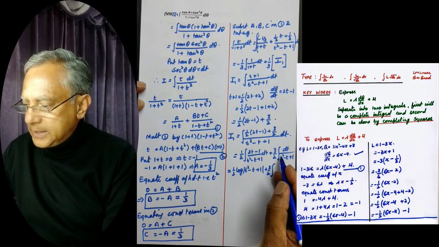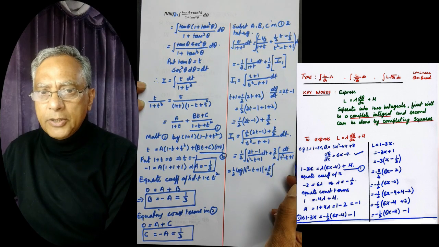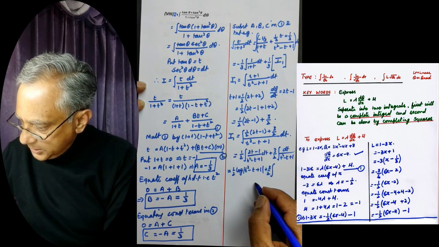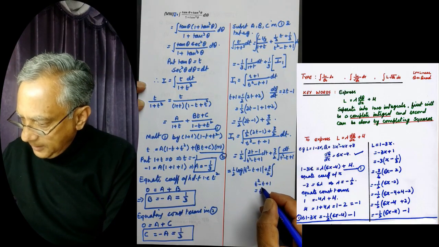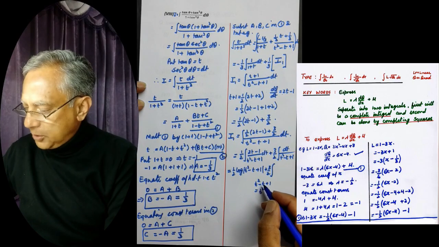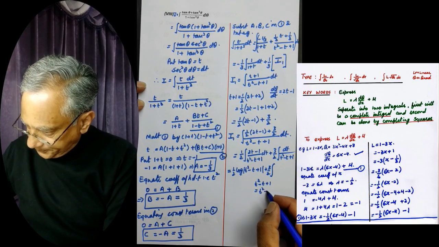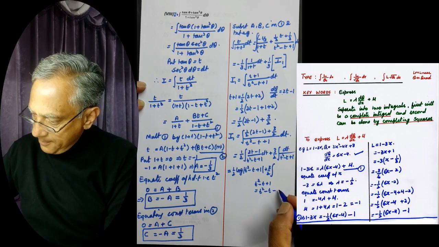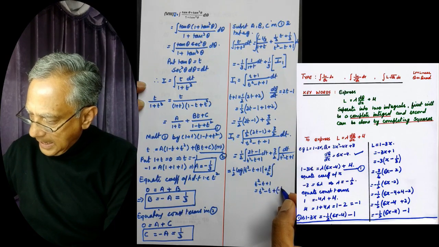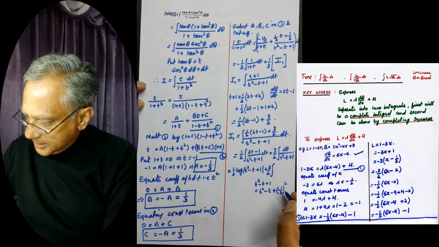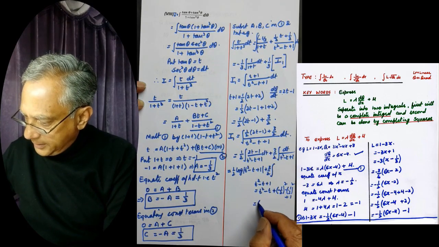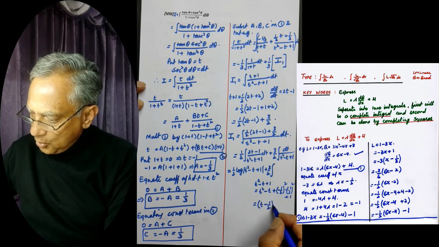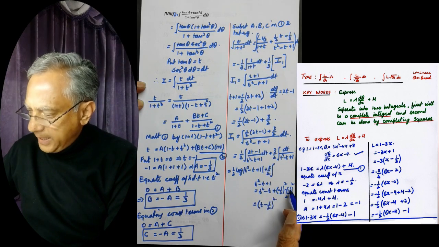Now we will write this in terms of complete squares. So t square minus t plus 1 is equal to t square, half the coefficient of t is minus half, so we add minus half square and subtract minus half square, plus 1. So this is equal to t minus half whole square, and this is 1 by 4.